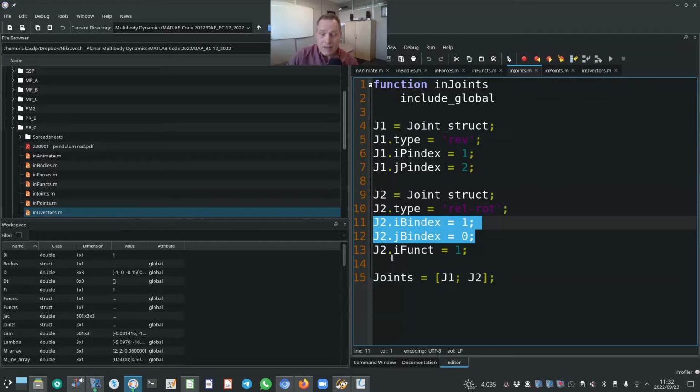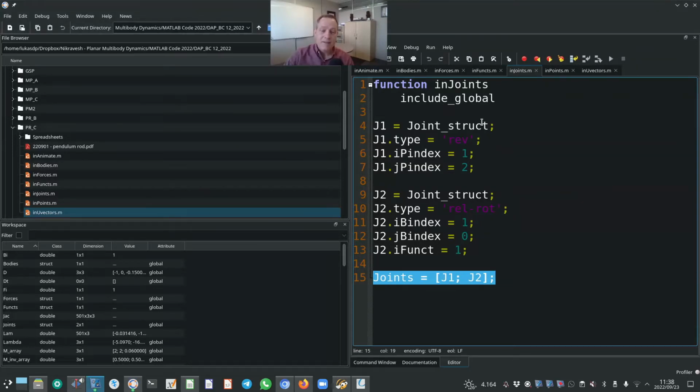Then we need to specify a function for this joint, and we number it as function 1, and we'll get to the function in a minute. Lastly, it's important to then list both joints that we've specified as done here on the screen.